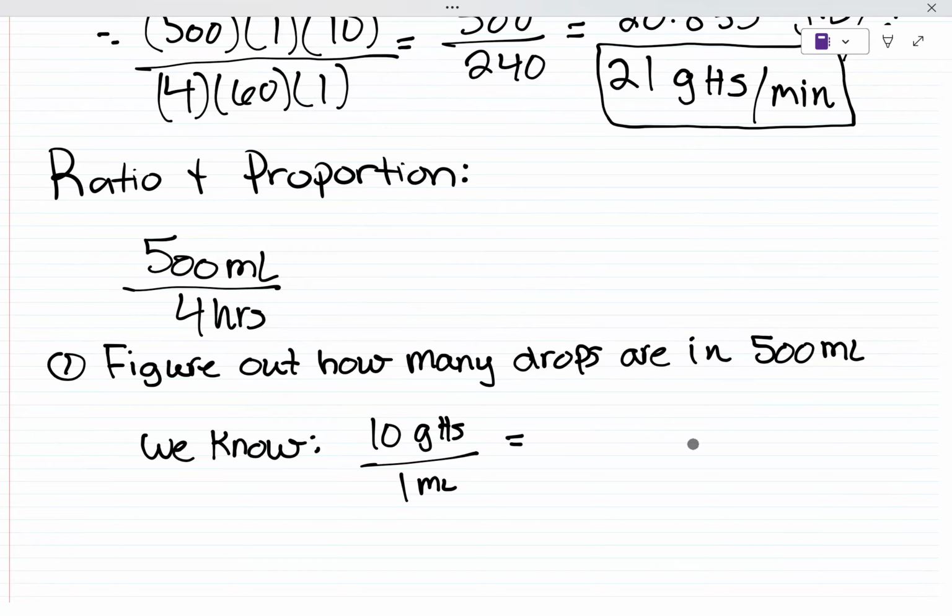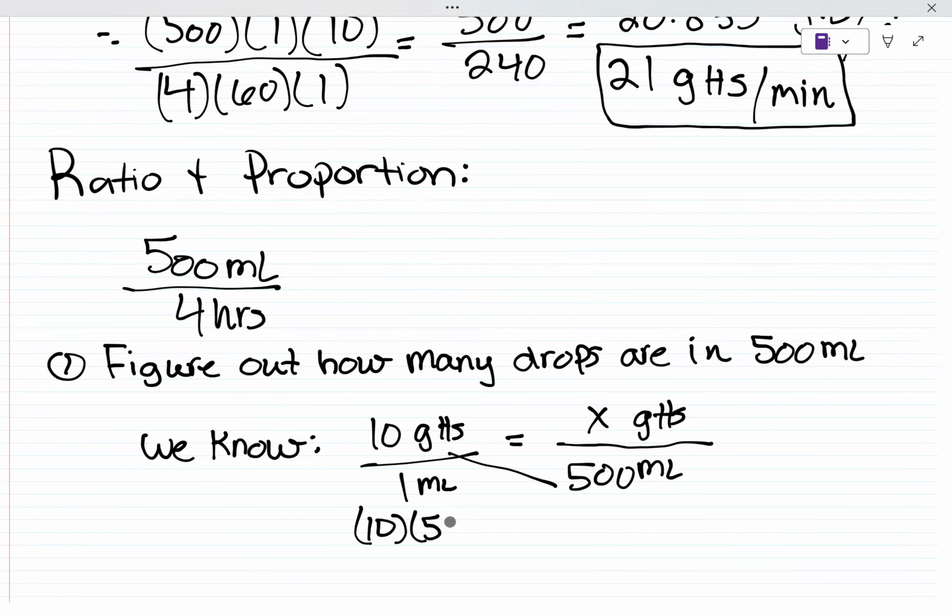Then we want to know how many drops are in 500 milliliters; that's our unknown, X. Cross multiply, so it'd be 10 times 500 equals X. So you get X equals 500 gtts.